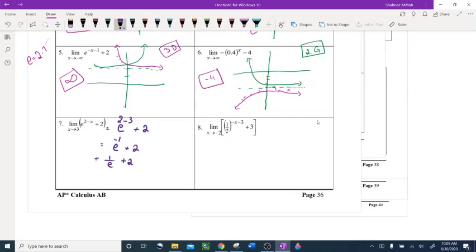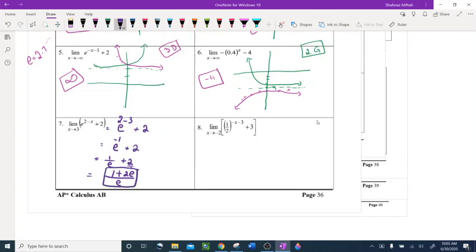If one term is a fraction and another one is not, make sure you find the least common denominator and solve this. This is very important. Every time one term is a fraction and one is not, make it a fraction and find the least common denominator. That would be 1 plus 2e over e. So this is your answer.